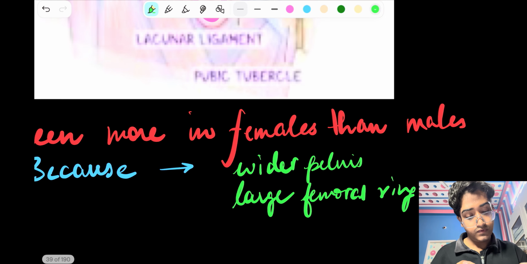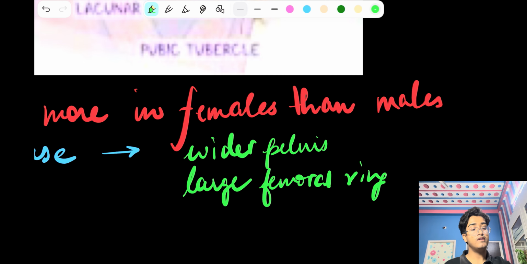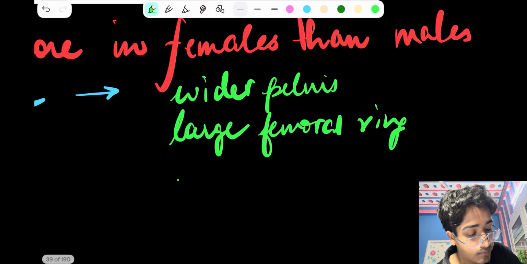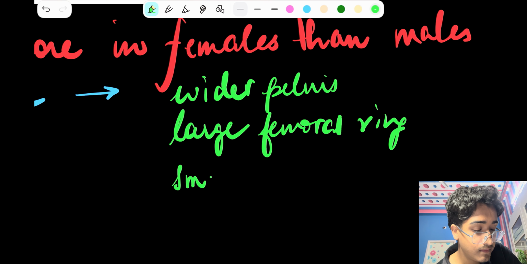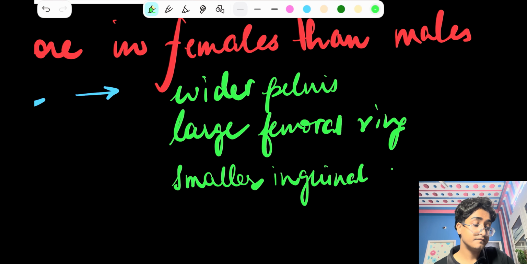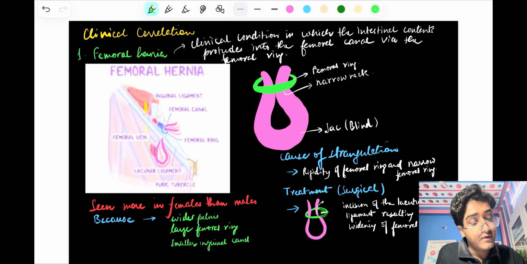So it is seen more in females because females have a wider pelvis, a large femoral ring, and also females have a smaller inguinal canal, because they don't have the spermatic cord. These are the three reasons for which femoral hernia is seen more in females than males.